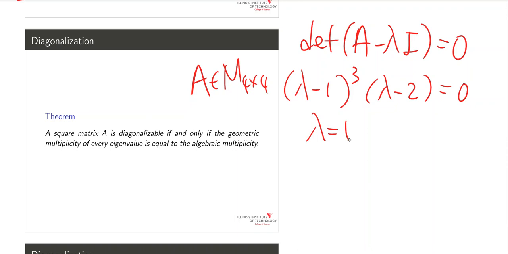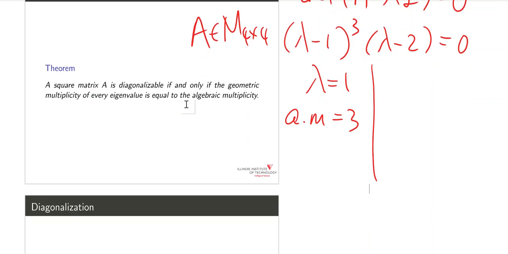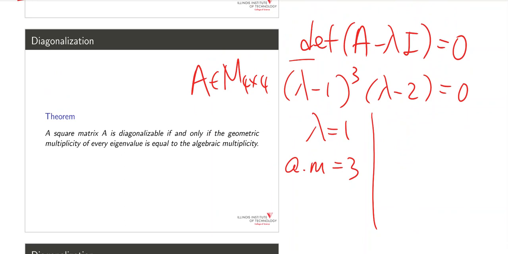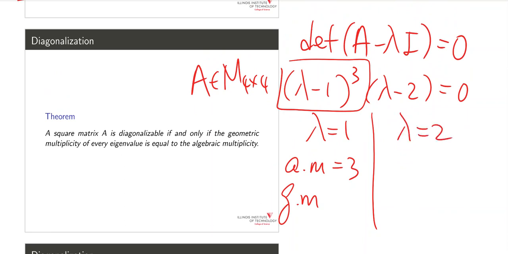Lambda equals 1 has algebraic multiplicity 3, because algebraic multiplicity is the number of times that eigenvalue appears in the factorization. That's easy. For geometric multiplicity, you have to compute the eigenspace and look at its dimension. Lambda equals 2 is an eigenvalue, and the algebraic multiplicity is 1 because it appears only one time, and the geometric multiplicity will be 1. This is always the case.